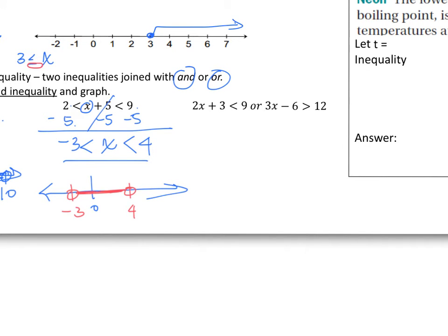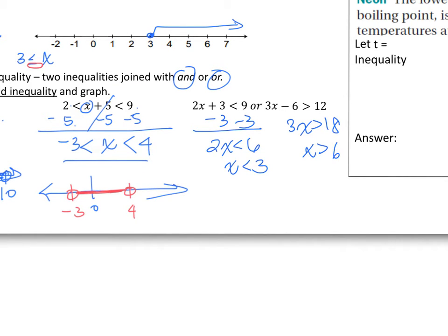And this one looks a little bit more complicated. That's okay, we can first simplify each. Subtract 3, 2x will be less than 6, x will be less than 3. Here, 3x will be greater than 18, x will be greater than 6.